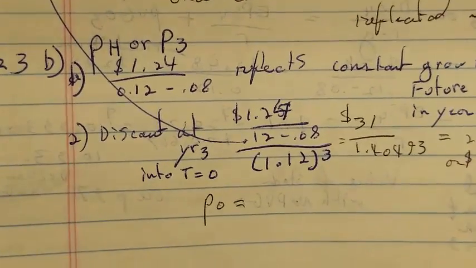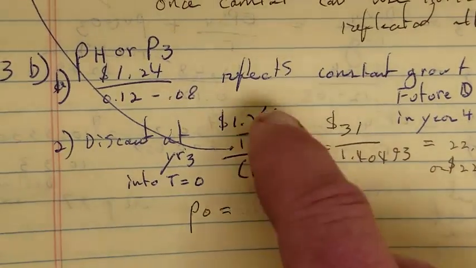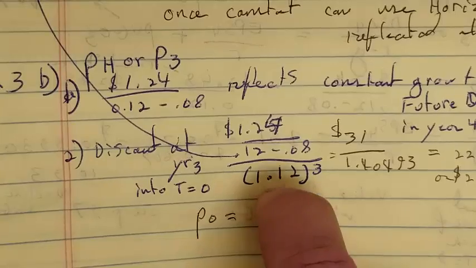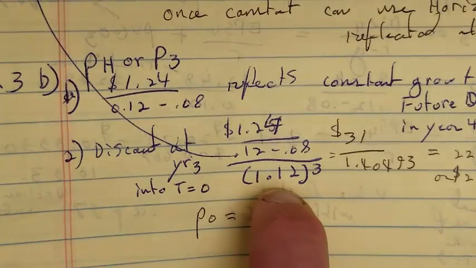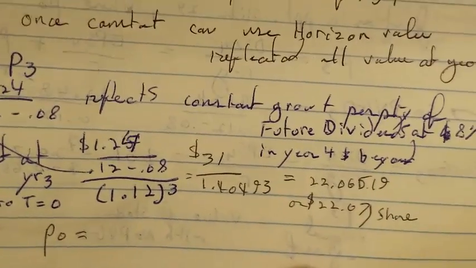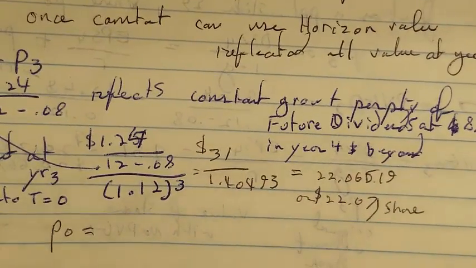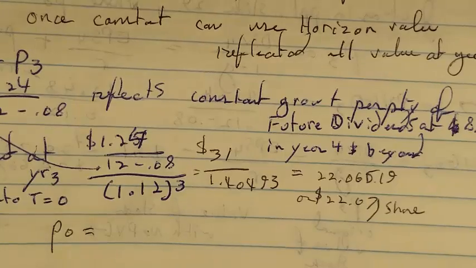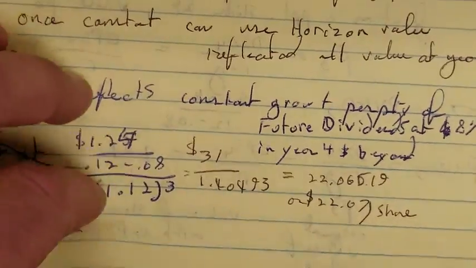We discount it using 12%, looking from the 3rd year out, and we get roughly 22.06519, or $22.07 per share. Okay, that's that one.